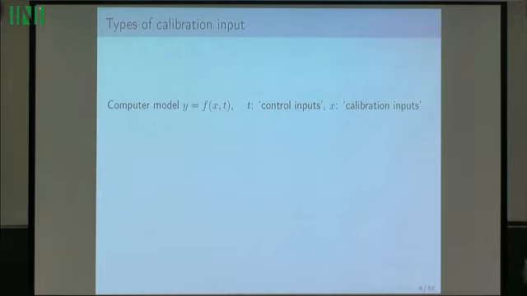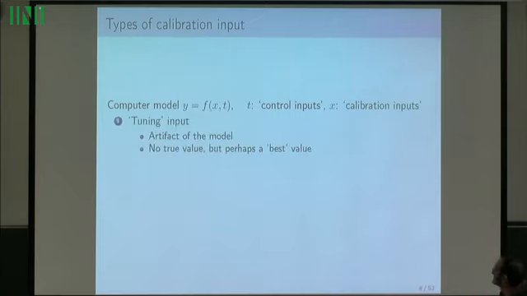Okay, so this is a slightly different take on some things Danny was talking about yesterday. I'm going to make a distinction between different types of calibration inputs. Again, in our model we've got control things that I know or can fix, but even for the calibration input, we might imagine different types. First of all, we might have what we call a tuning input. This is something that just exists in the model, but doesn't necessarily have any real physical meaning.